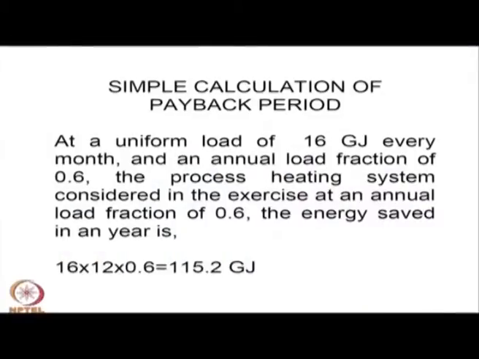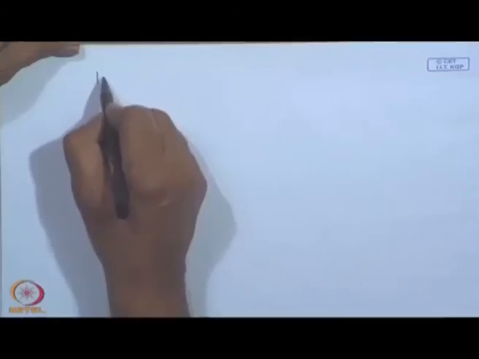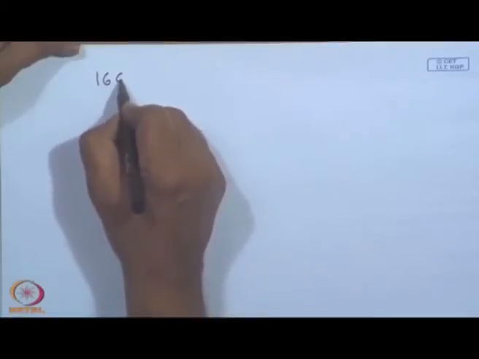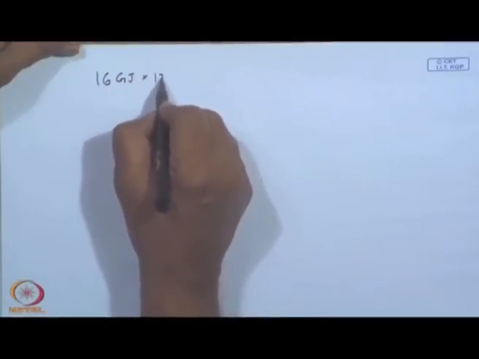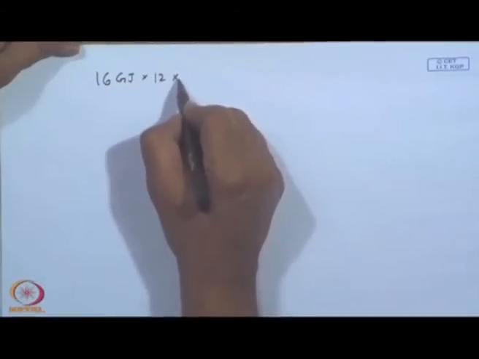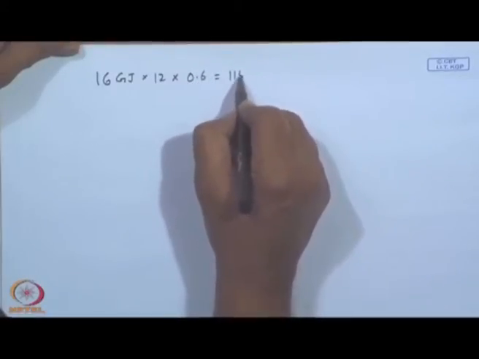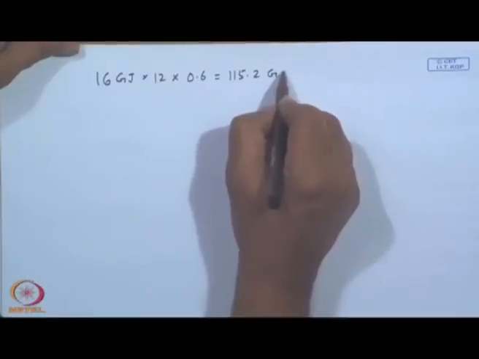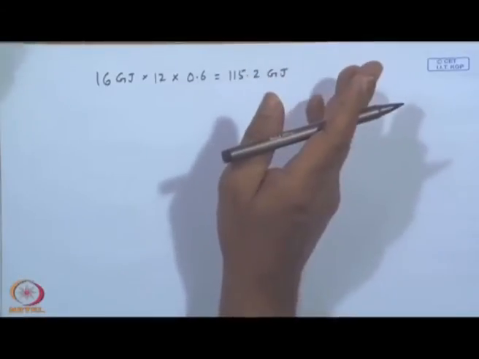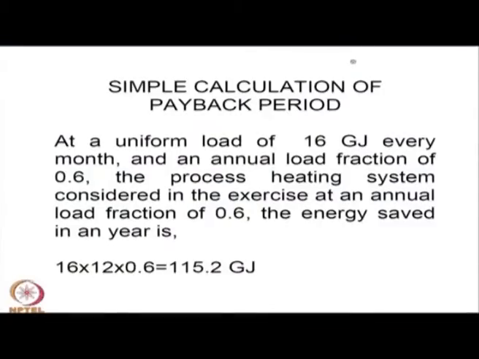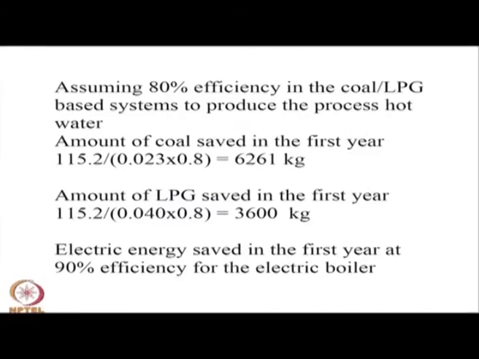So, the first year savings at the rate of 16 gigajoules per month for 12 months at a solar load fraction of 0.6 will turn out to be 115.2 gigajoules. These are consistent numbers, only thing is I am doing it only for 1 year, so that my payback period is the total upon the 1 year cost or savings.